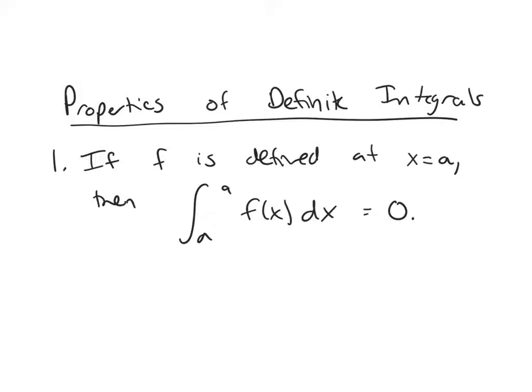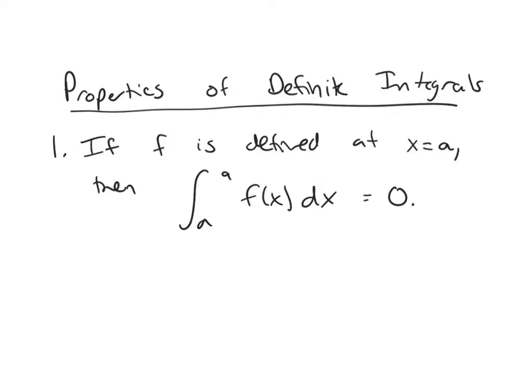So remember that this integral corresponds to area, but here, if you're starting off at x equals a and ending at x equals a, there's no area for you to calculate. So that's why this integral is 0.